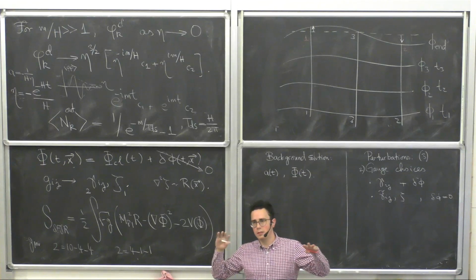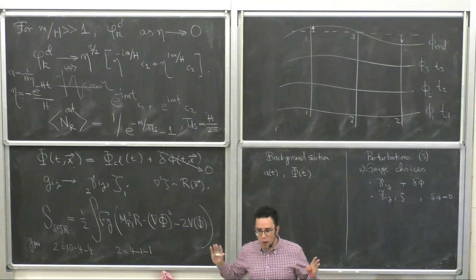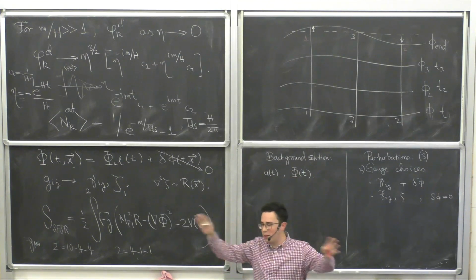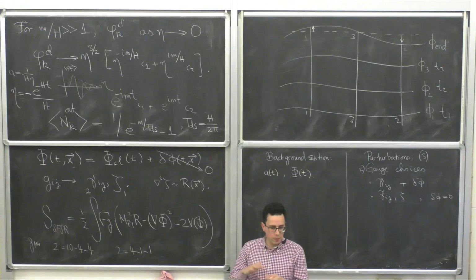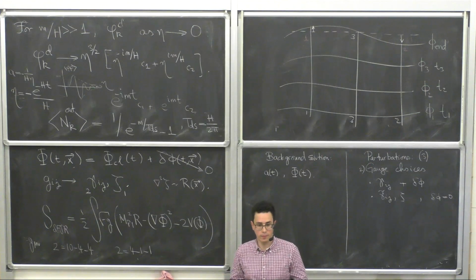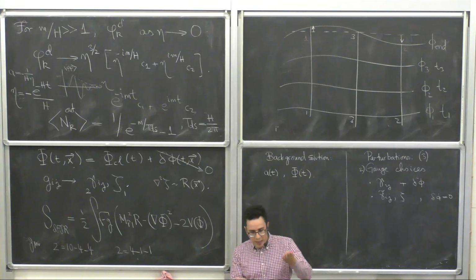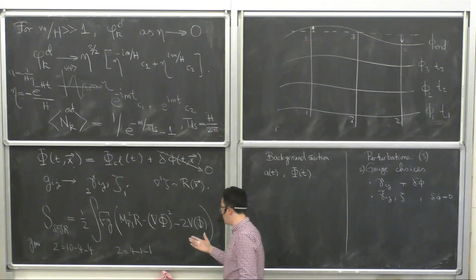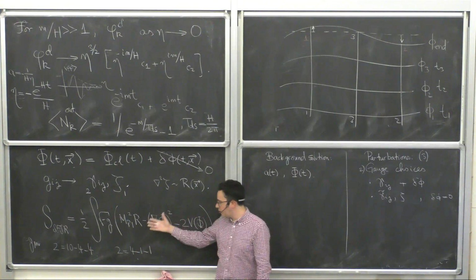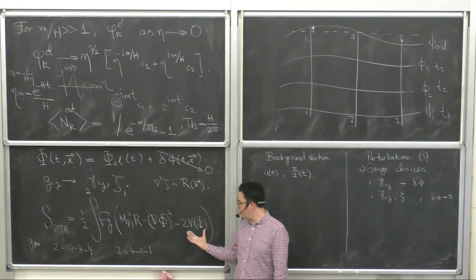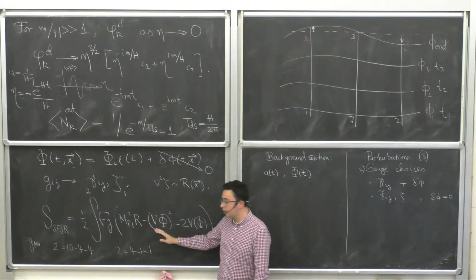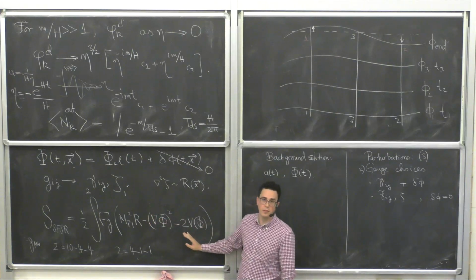Does that make sense? It's important, otherwise inflation is ruled out. We would have seen gravitational waves in the sky and we don't see them, right? We know they're much weaker than scalar perturbations by at least 2 orders of magnitude. So to generate this hierarchy, we generate it because there are 2 scales in the problem. There's some intrinsic energy scale associated to the scalar, to the properties of the potential, how slowly you're rolling, what's the scale at which the scalar perturbations become strongly coupled, if you wish.